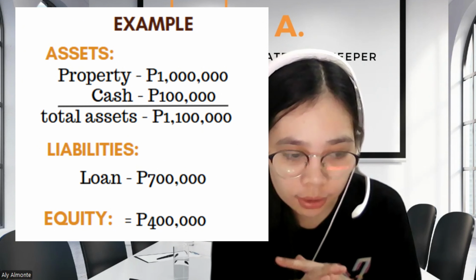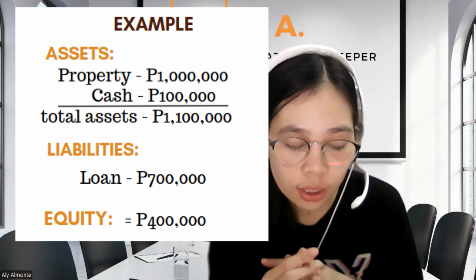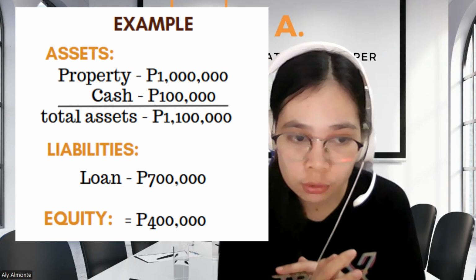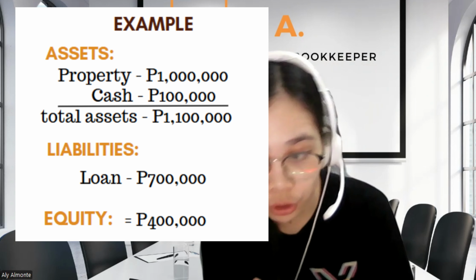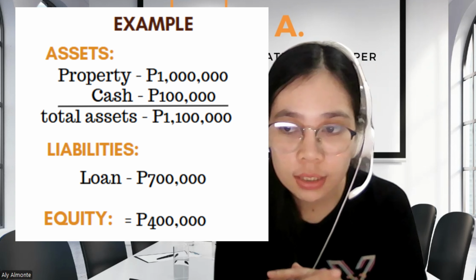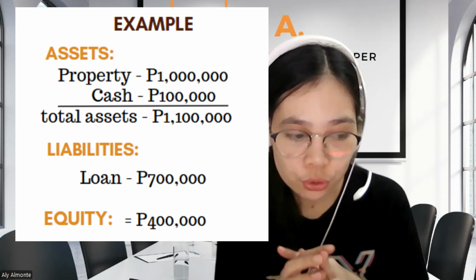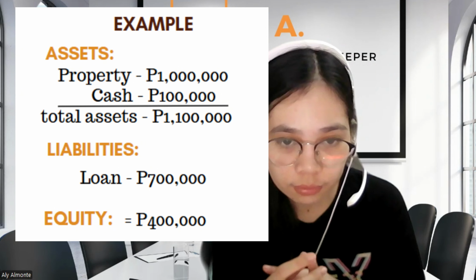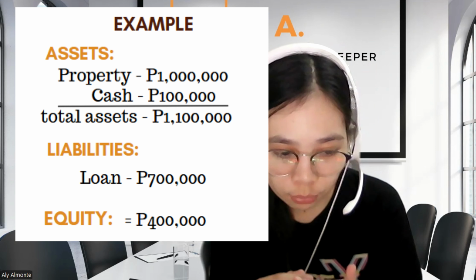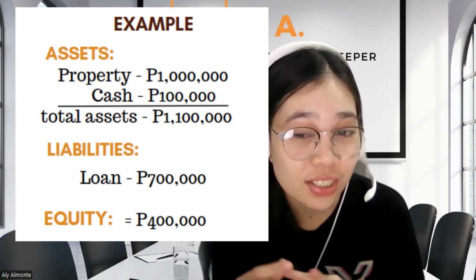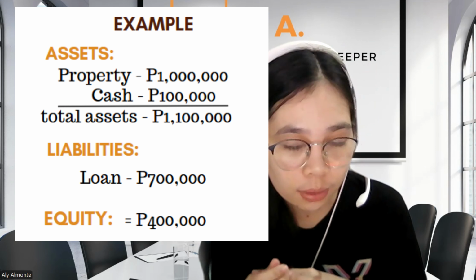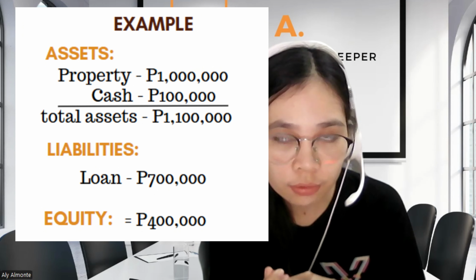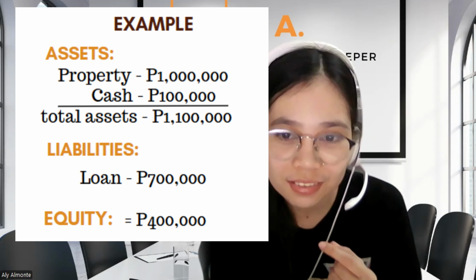Meron ka din namang utang, which are liability, the things that you owe. So say for example, meron kang loan or mortgage loan for your property worth 700,000 pesos. So meron kang liability na 700,000 pesos. So yung asset mo is 1,100,000 minus 700,000 na liability mo. So magkano na yun? 7, 8, 9, 10, 11.